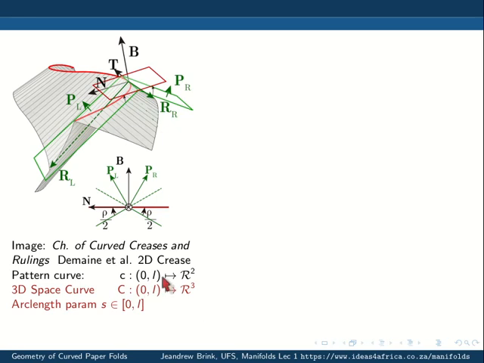Another thing that's convenient, that I'm going to use at least with the derivation, is I'm going to assume these curves are parameterized by arc length. That's not always possible.